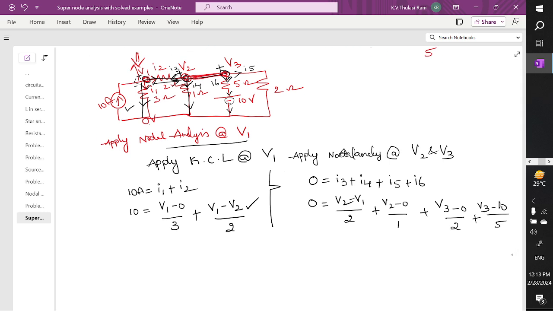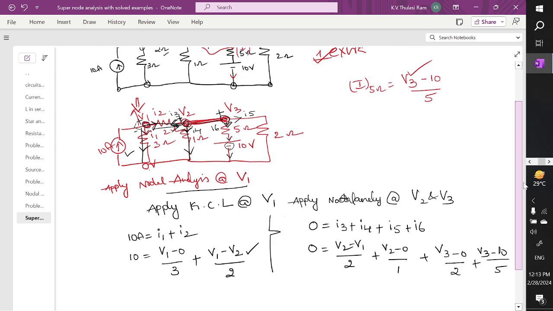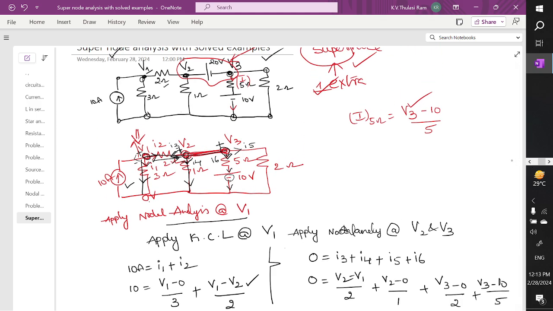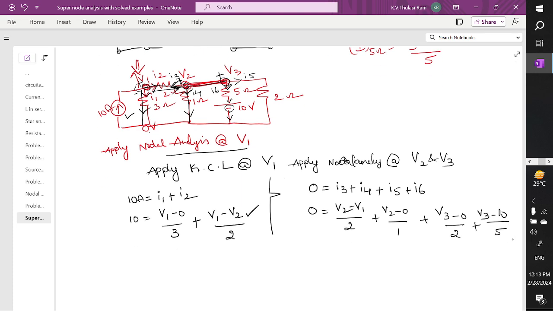Now we have skipped this node. So now we are going to have a super node. So we are going to have the V2, now try to apply Kirchhoff's voltage law at V2 and V3 nodes.